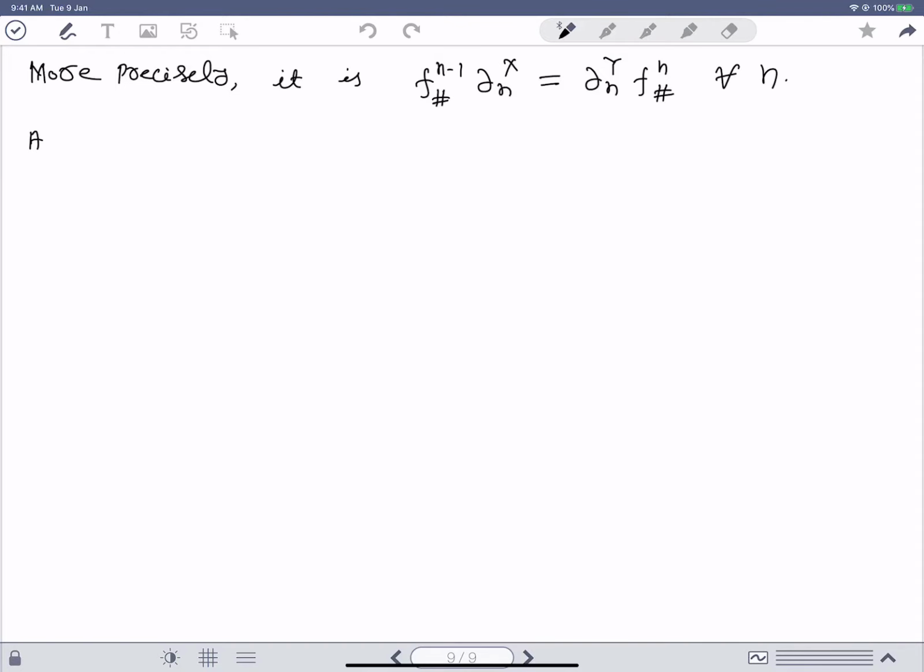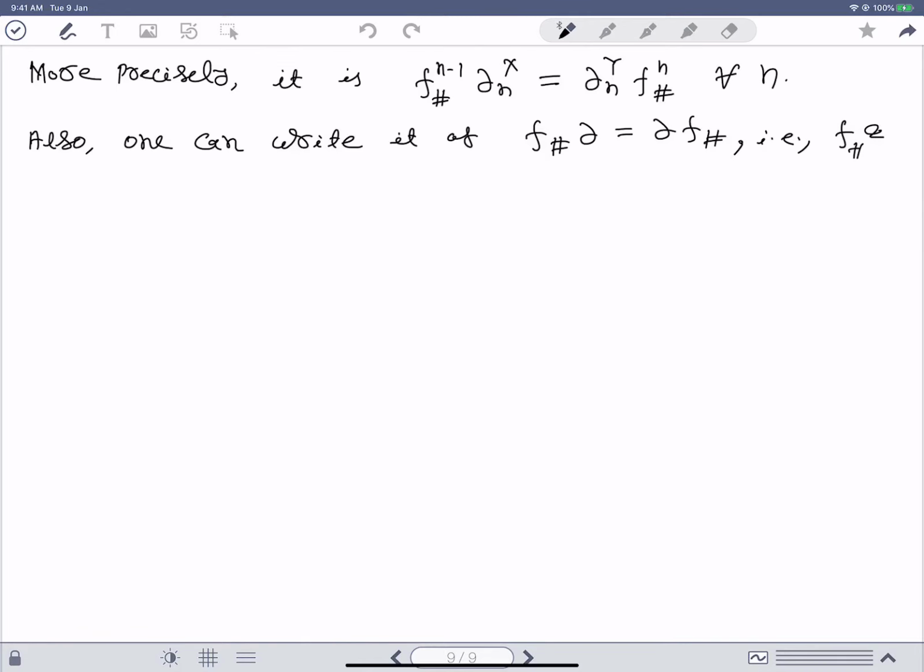Anyway, you can write this one, and also you can avoid all of this n and x and y. So one can omit all of this n and x and y. So one can write it as f hat del equal to del f hat, and in this sense we can say that f hat and del commute with each other.